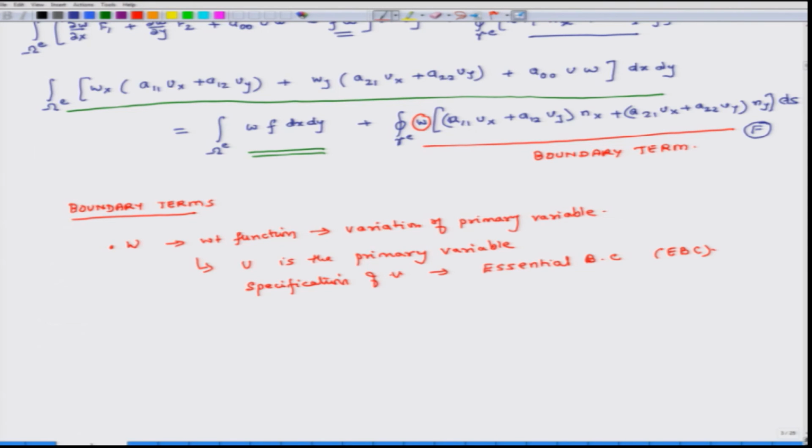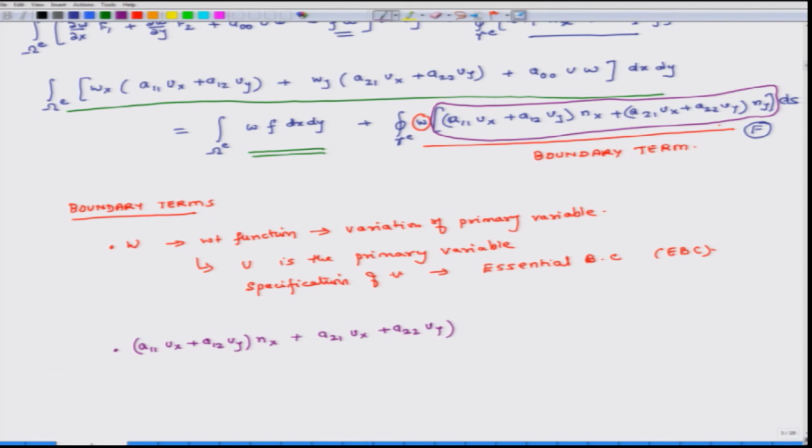So, in the boundary term, either we specify W or we specify the other part. Okay. So, this is one thing. The other part in the boundary condition is this thing. So, this is A11 ux plus A12 uy times nx plus A21 ux plus A22 uy times ny.